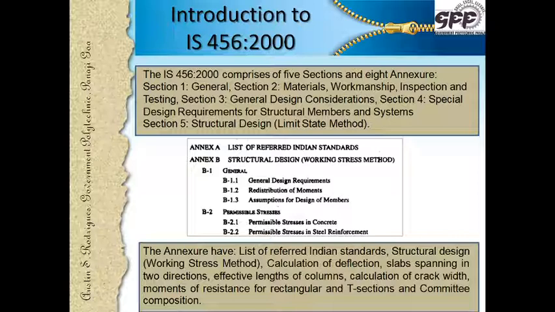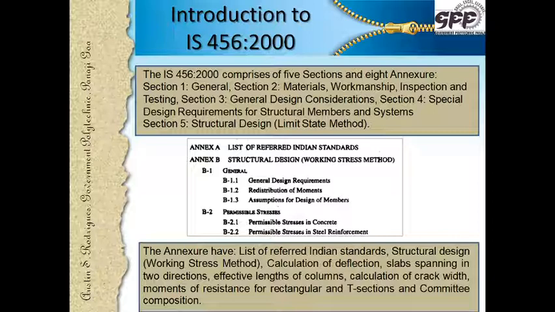Section 2 is a vast section. It deals with the materials, both of plain concrete as well as RCC, and with workmanship: how the concrete should be made, how the steel should be placed, the curing, the formwork, everything.